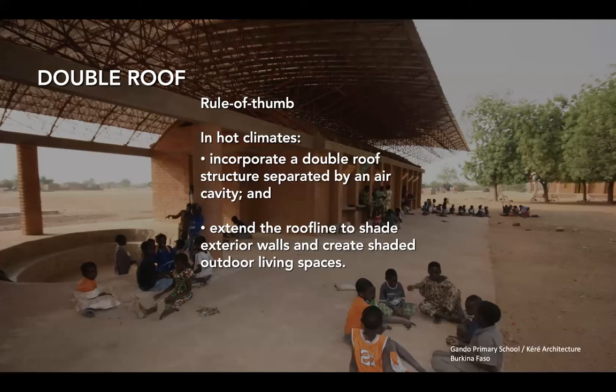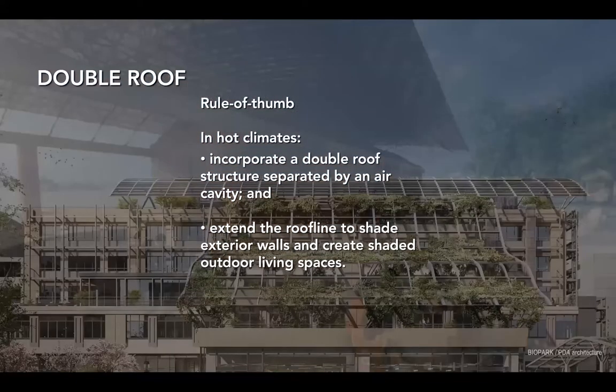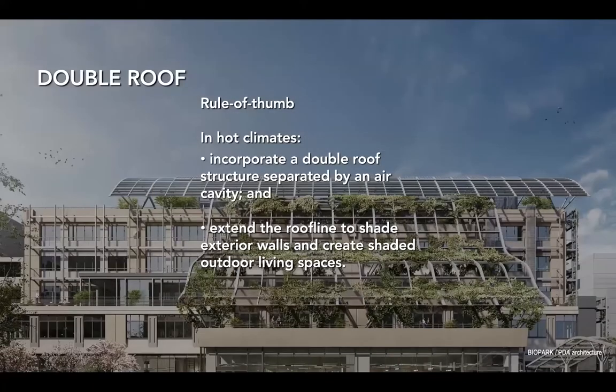It's beautifully done in this school in the global south. You can also extend the roofline over multi-story buildings, for example, and use a double roof in that case. And here you can see a nice example of shading the roof and the outdoor balcony spaces in a multi-story building.